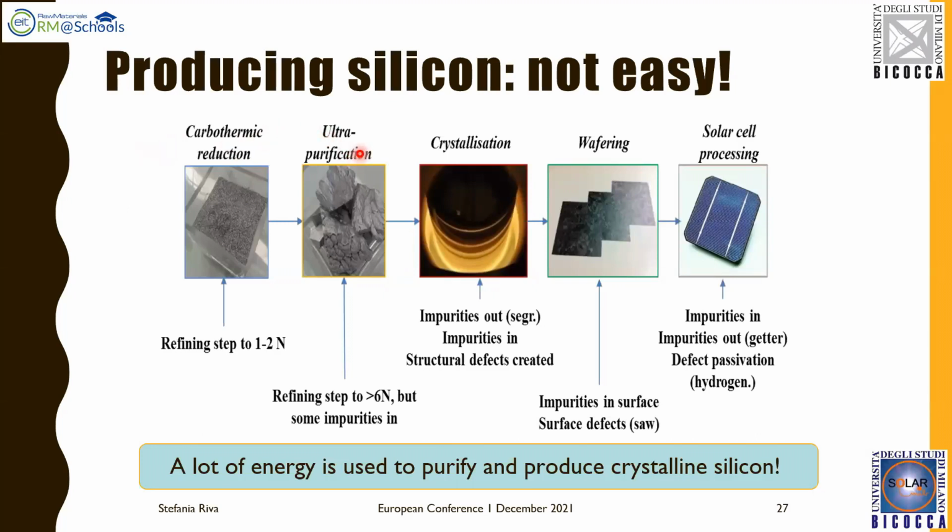Then what is obtained, which is metallurgical silicon, is purified. And then there is a crystallization process, where the silicon without impurities becomes solid. And then it is sliced in order to obtain the silicon wafer.